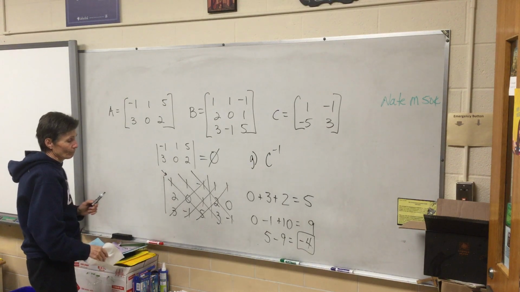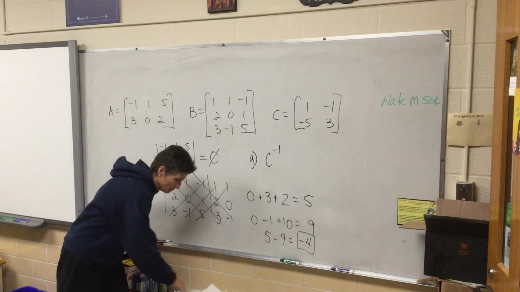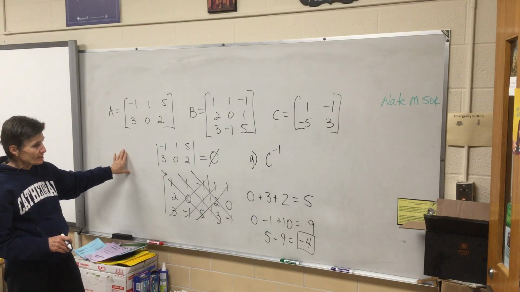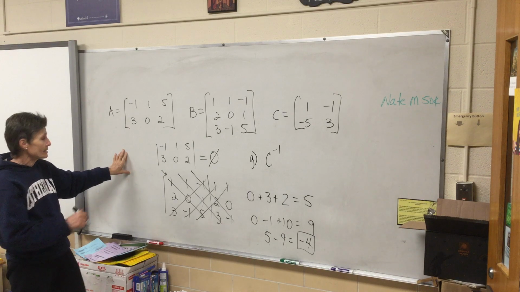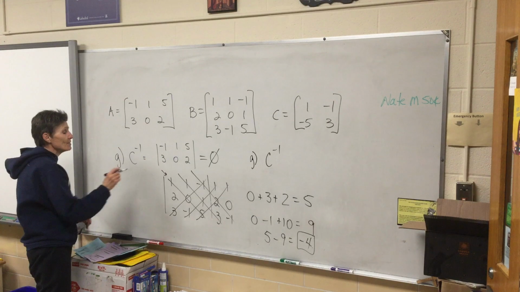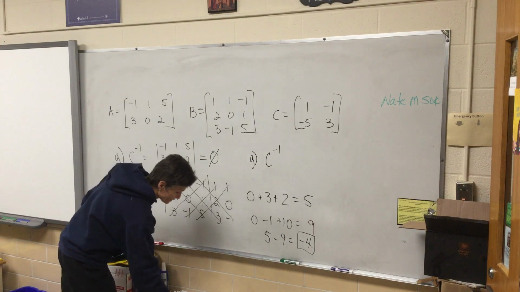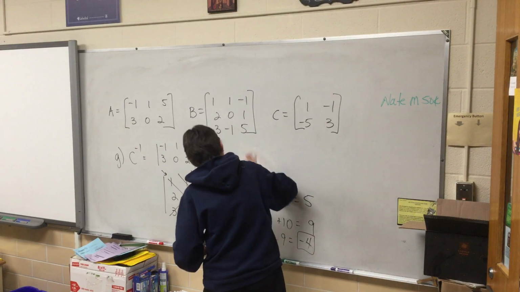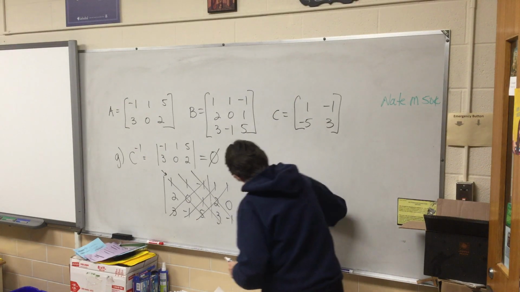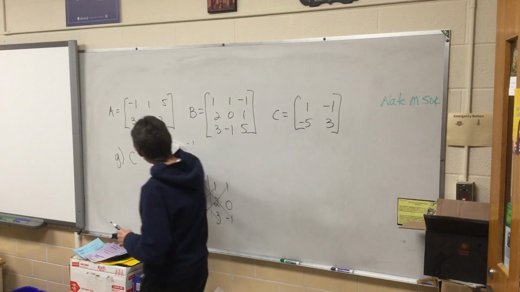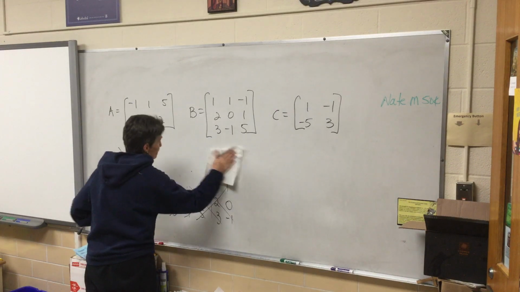All right, now there's one more. I'm going to move it over here because it's going to take a little bit of space. But the last one says we need to find the inverse of C. Now, we did this I think it was yesterday, and it's a two-step process.